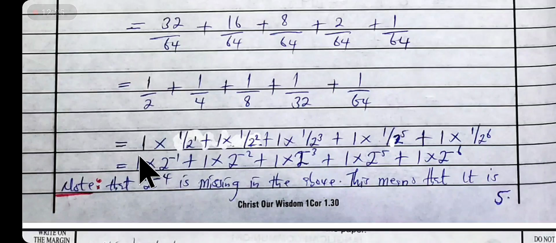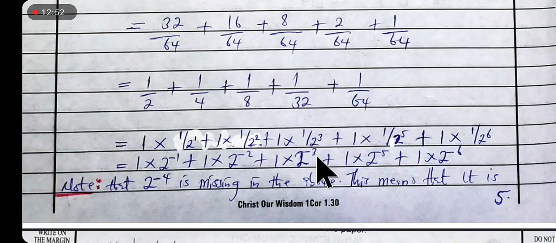Okay, so this is 1 times 1 all over, which means minus. So that is why we have 2 raised to power minus 1 here, instead of 2 raised to power 1. It is minus because 1 all over means minus. Plus 1 times 1 all over 2 raised to power 2, which is 1 all over, means minus. So we change this 2 raised to power 2 to 2 raised to power minus 2.